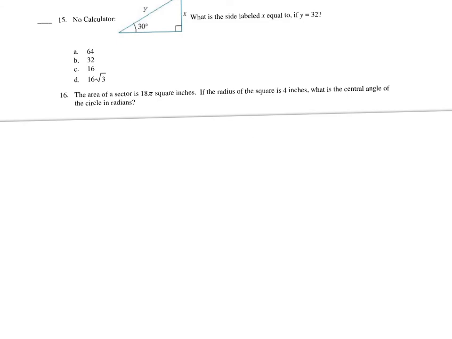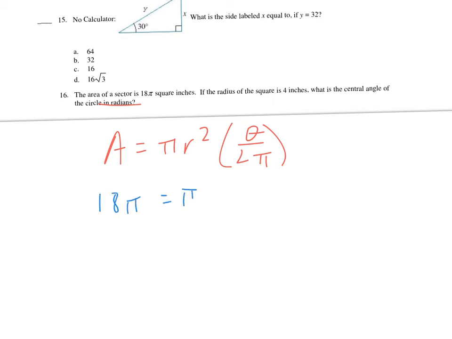Next one here, it gives me the area of a sector. So area of a sector is pi r squared times whatever angle I'm looking at over the whole circle. It wants this in radians, so I'm going to put a 2 pi right there. I'm just going to plug in everything I know. So that's 18 pi. It says the radius is 4. And then we have theta over 2 pi.